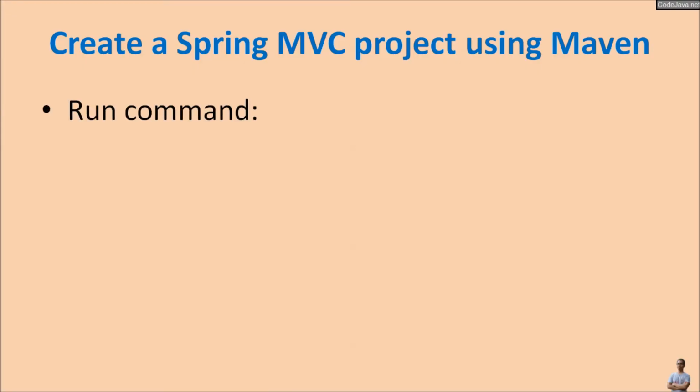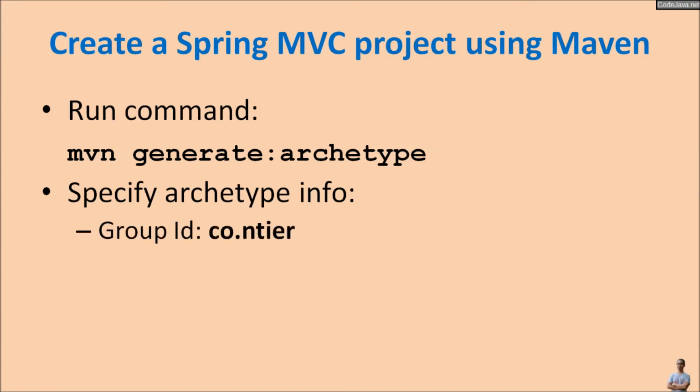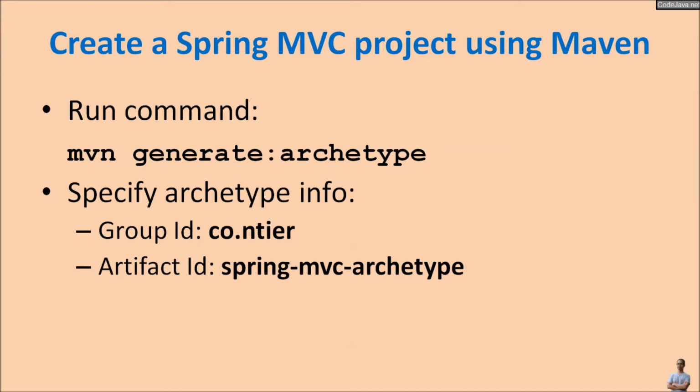To quickly create a Spring MVC project using a Maven archetype, you run the Maven archetype generate command, and then we specify archetype information: group ID is net.codejava, artifact ID is spring-mvc-archetype, and version 1.0.2.